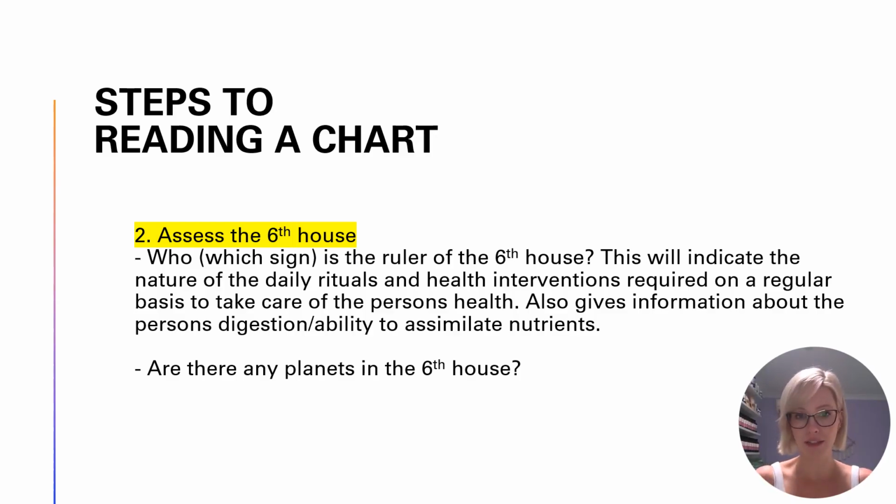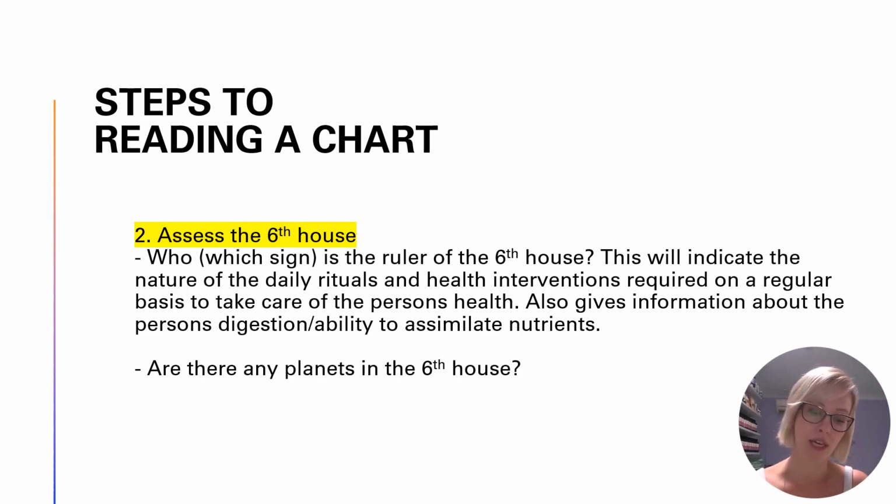So find out the sign that rules that 6th house. Like the example I gave you before, someone had Aquarius ruling the 6th house. So what do they need to do every day to make sure that they can maintain their health? Well, it might be reducing EMF exposure. It might be making sure that they have good circulation.